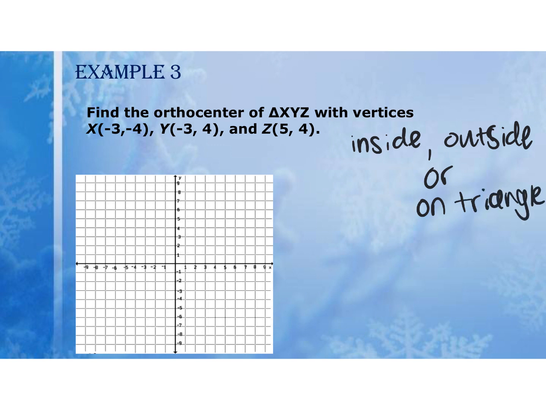Inside, outside, or on the triangle. Now, how we figure that out is we have to figure out what kind of triangle is given to us. So go ahead and plot those 3 points and try to figure out what kind of triangle it is. Is it acute? Is it right? Or is it obtuse? I'll give you guys a minute to do that right now.